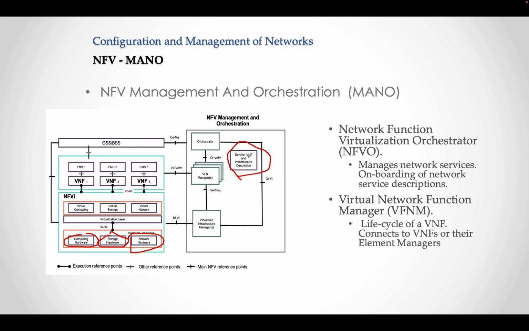This description is fed to the network function virtualization orchestrator. Okay, what does this orchestrator do? It manages network services and starts the onboarding process of the network service descriptions. Okay, so this is where things start. It receives a description with a list of network functions, the order through which the traffic must go through them, and the requirements of bandwidth, delays, and all that.